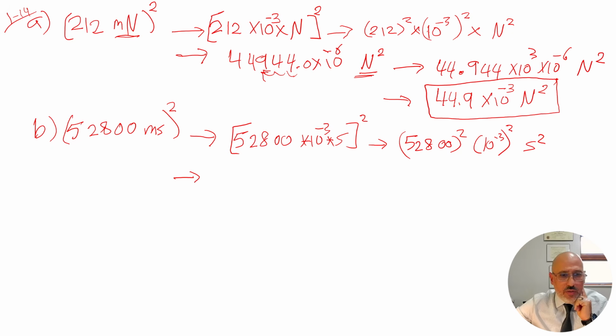Same thing, we can now use our calculator. I will find out this. This is going to be a long number, the 52,800 squared. If you use your calculator, it's going to be 278784, and I will have the zeros 1 2 3 4.